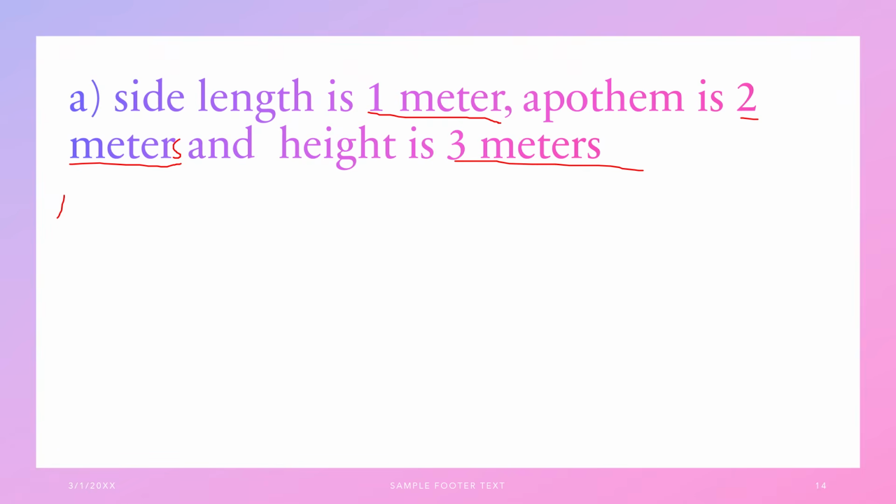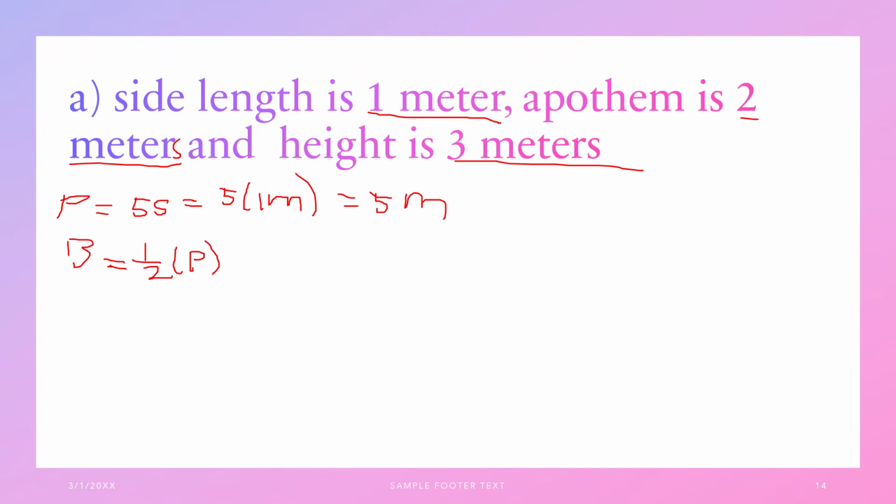First we need to solve the perimeter. The perimeter is equal to 5S. This is a pentagon, so that means it has 5 sides. So we have 5 times 1 meter, equals 5 meters. Then solve for the base, which is 1/2 times P times A, where P is the perimeter and A is the apothem.